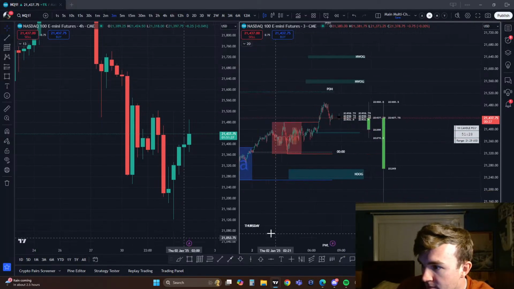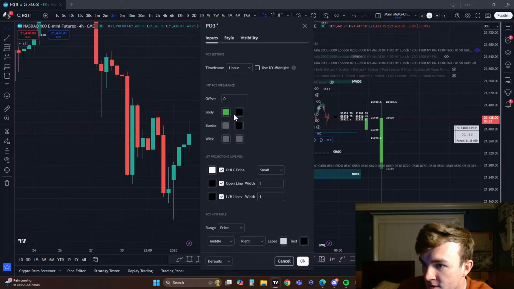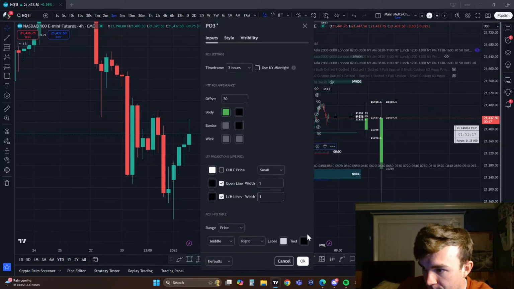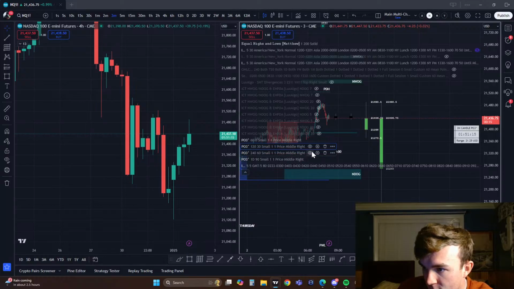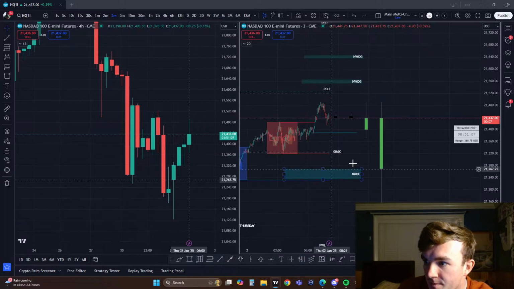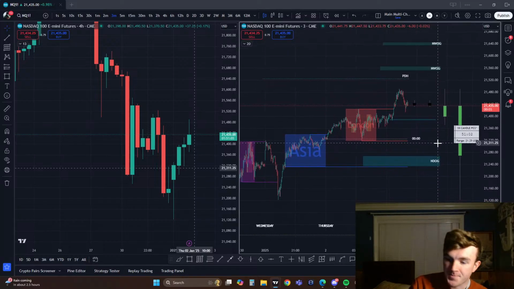Okay. Oh, let's get rid of those numbers on these candles here. There we go. Much better. Alright, starting to look a little bit more clean now.